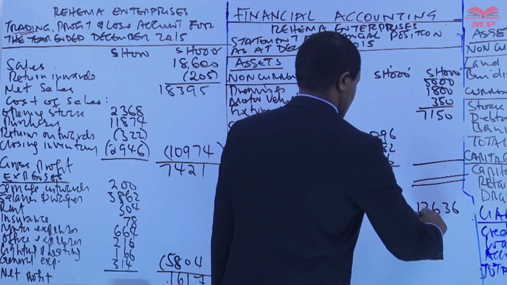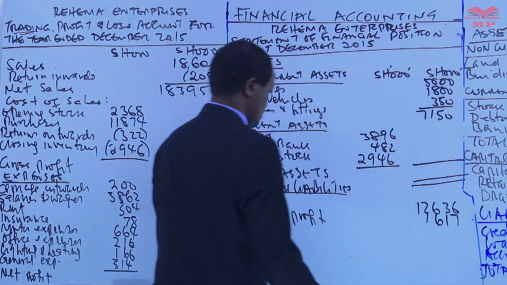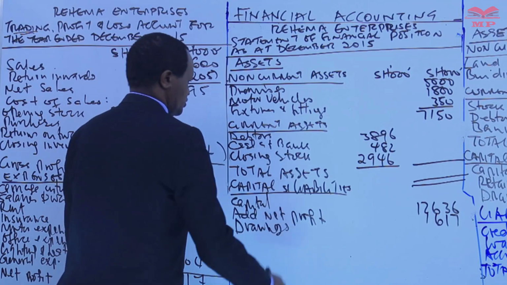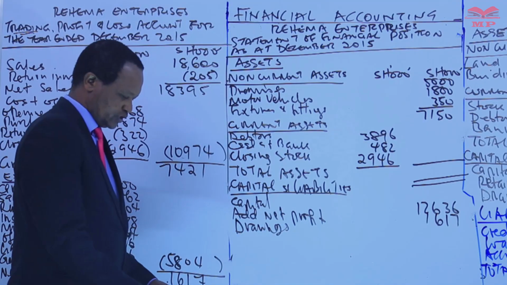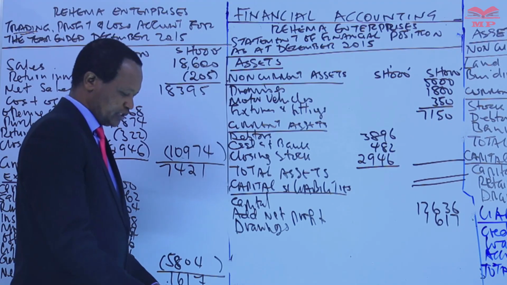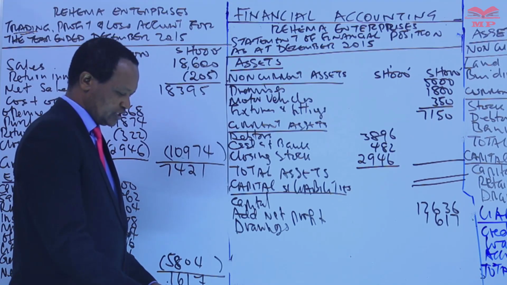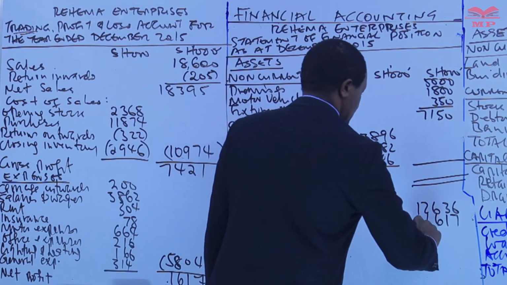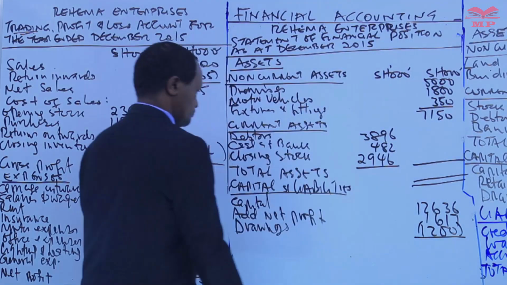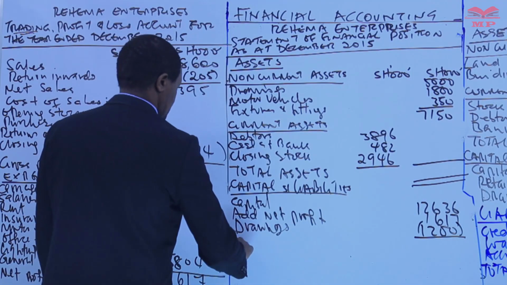We add it here, 1617. If there are any drawings, we deduct. We have drawings. Candidates again, drawings always appear on the debit side. Drawings, 1.2 million. Deduct 1.2 million. Give me the total there. Then we have liabilities.